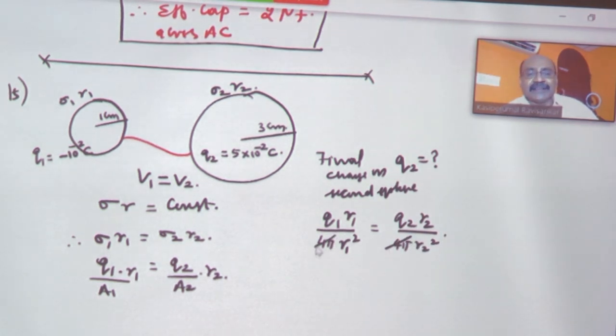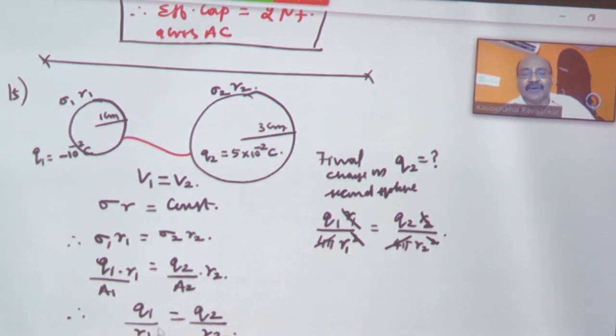This 4 pi will get cancelled, this R1 will get cancelled, this R2 will get cancelled. So therefore I can write Q1 divided by R1 is equal to Q2 divided by R2. Am I correct? So let us take this.